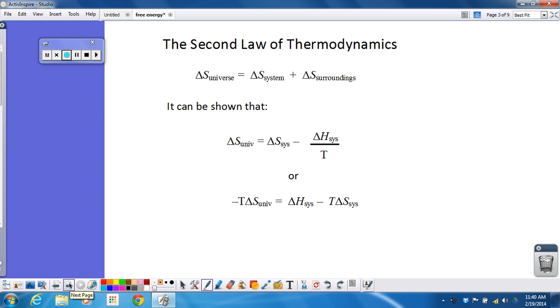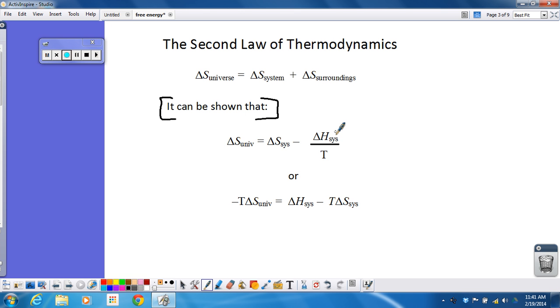So, as it turns out, and this is actually in the note packet on entropy and free energy, if you want to know how it can be shown, it's not that hard, I'm just not going to get into it right now. It can be shown that the delta S of the universe can be written in terms of the delta S of the system and the delta H of the system.